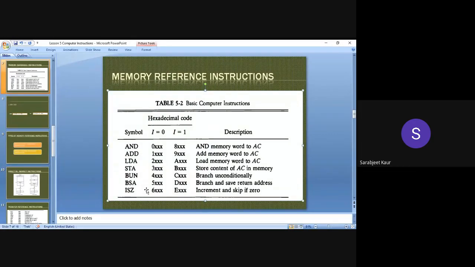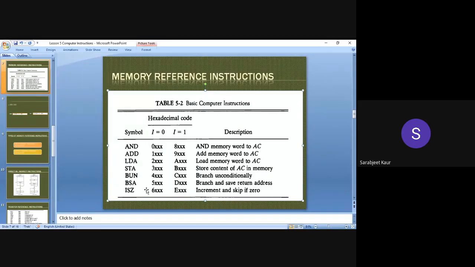Incrementing means incrementing the program counter. I'll be talking about this to you again in a while, in more detail. The basic purpose here is to skip the next instruction if the value of the accumulator is 0.